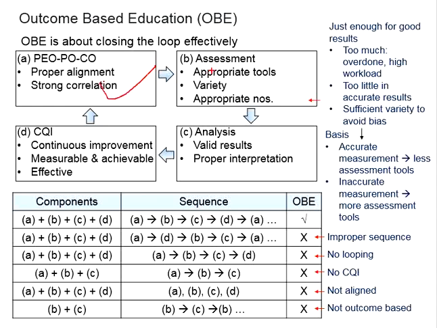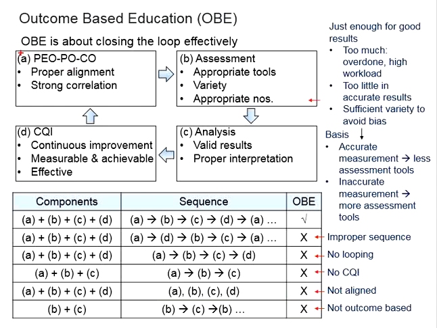You have all four elements here, but the first and the last elements stay in the document. What most programs are always doing is the assessment and the analysis. So even though it looks like OBE, what is actually happening is a BC model, which is not really an OBE.